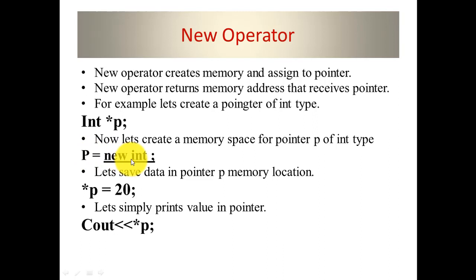So now how can we assign values, how can we save data at that memory location? Simply by *p = 20. It means that the location which we reserved earlier will be filled with the value 20. And simply we will print. Let's understand how the new operator works with different data types.